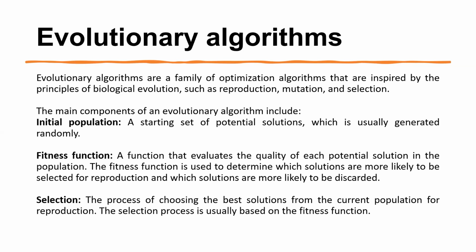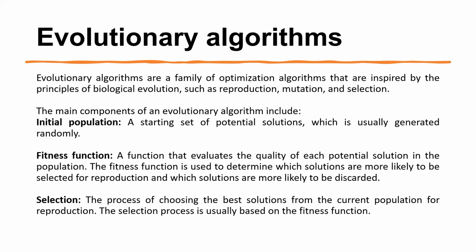So how do we do that? We will have to calculate the fitness function to understand whether it is a population member that is a survival of the fittest. So survival of the fittest is the method, and the fitness function is the value we use to evaluate it. After the fitness function comes selection, the process of choosing the best solutions from the current population for reproduction.